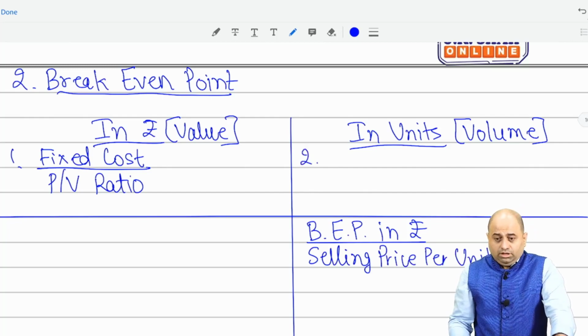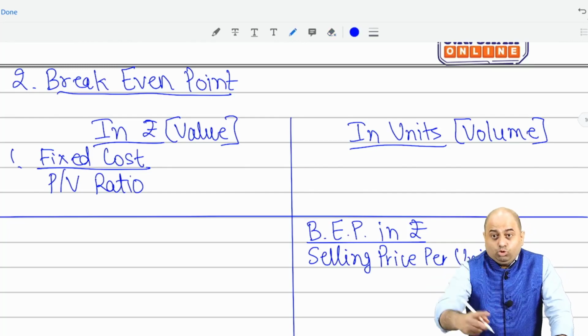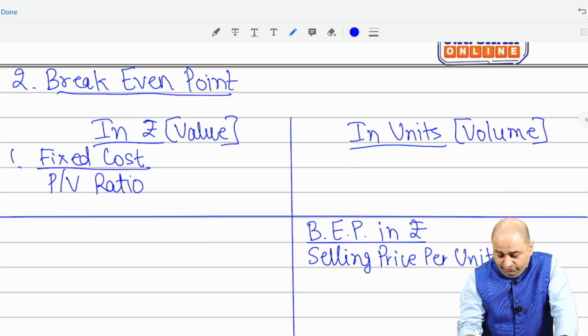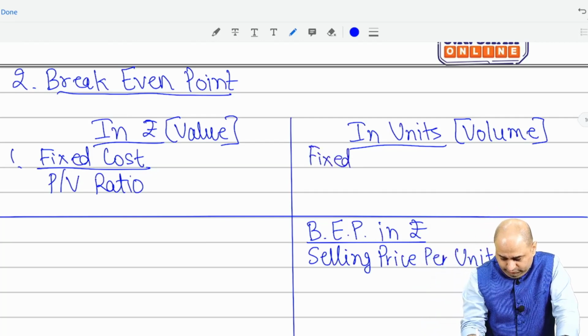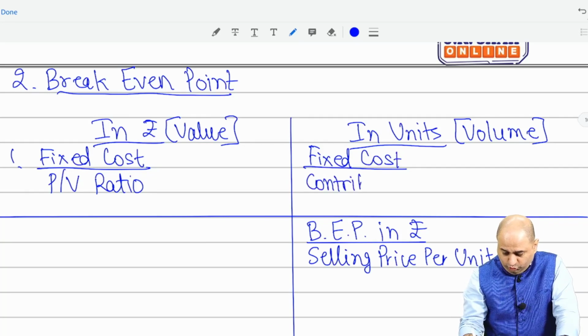Another way to calculate BEP in units directly, what do you do?